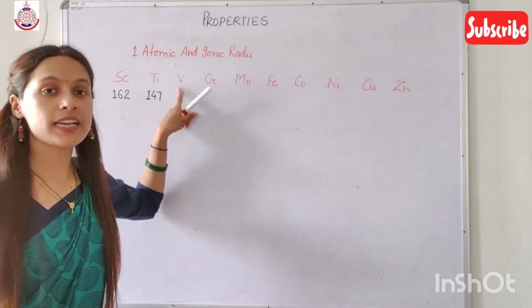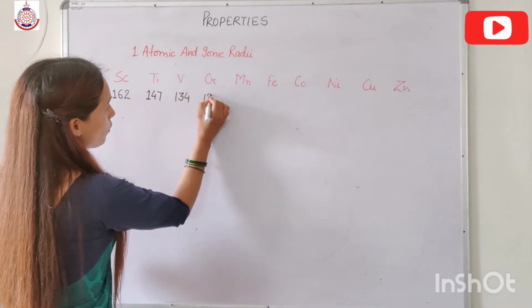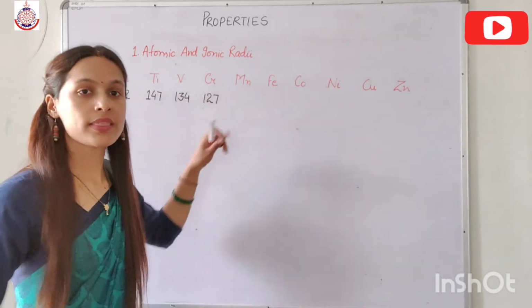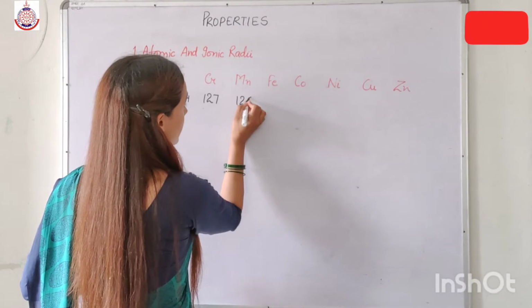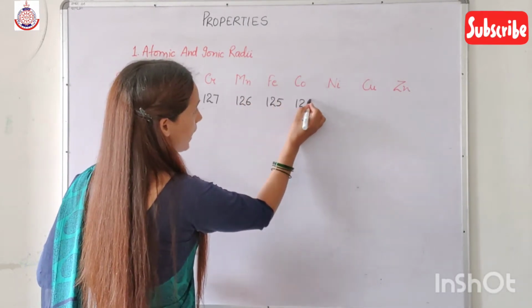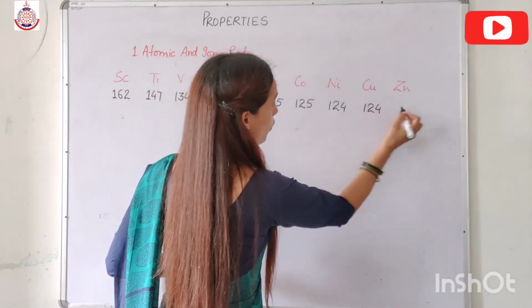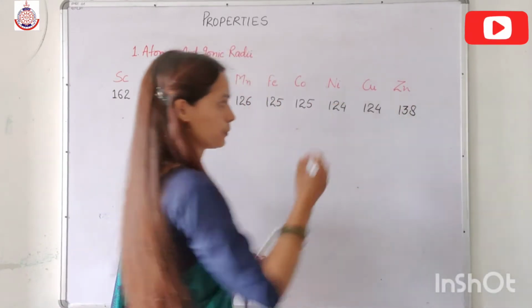Then the atomic radii of vanadium is 134 picometer, 127, then 126, 125, 125, 124, 124 and 138.